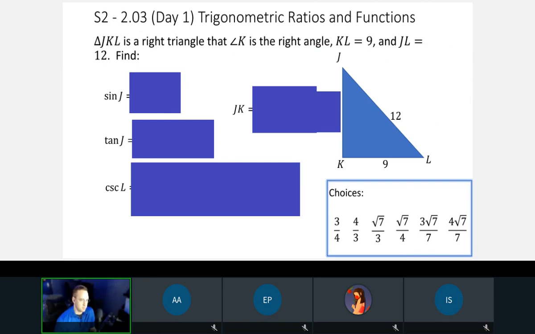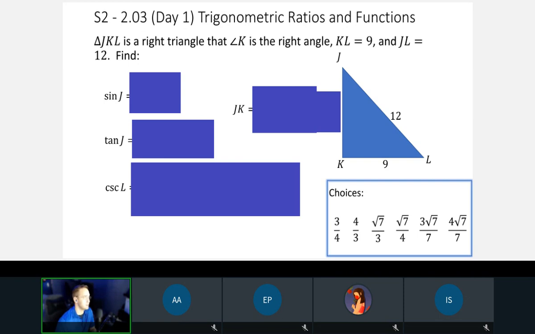Well, so yeah, you draw a picture of this right triangle, and it says angle K is the right angle, which I have labeled properly. It says that side KL is 9, JL is 12.